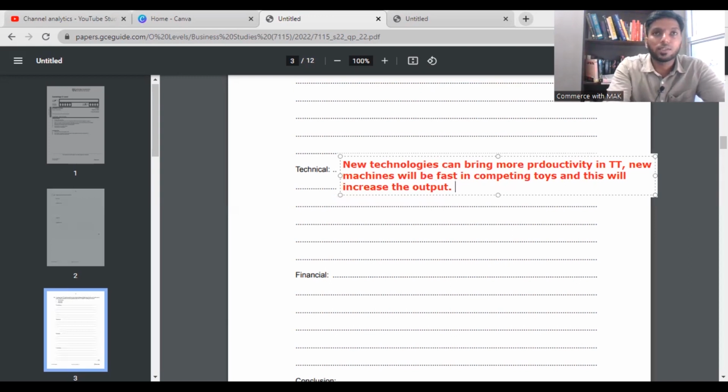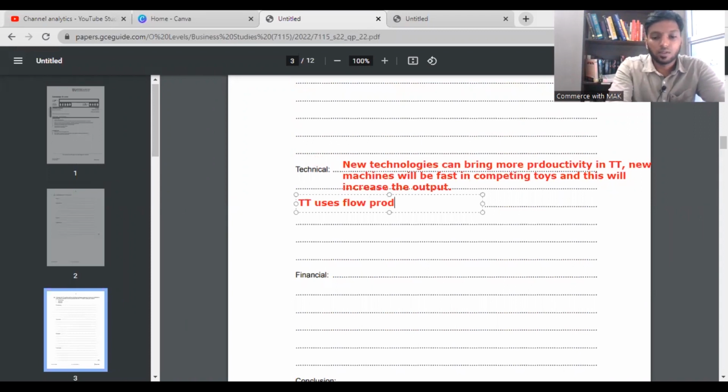So you might see that new technologies will increase productivity, and also it will increase the output. So overall, we can say that if we are producing more products, you can make more profit out of it. But this is not enough for you all to write as an answer on new technology. So we need to write a few more points. We can say here they are using flow production. So TT uses flow production.